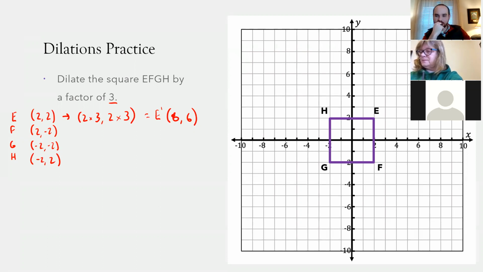And also correct. Jennifer, good on all 3. So while you guys are working on that, I'll go ahead and graph E prime, which is going to be right here.